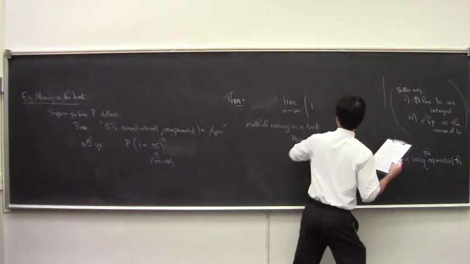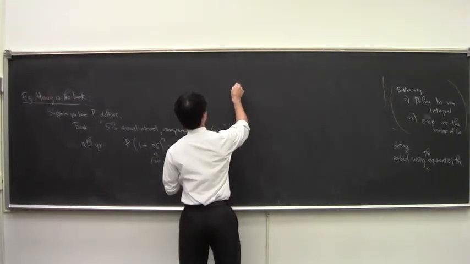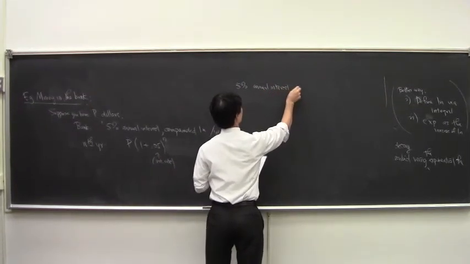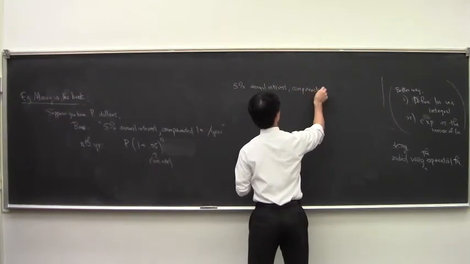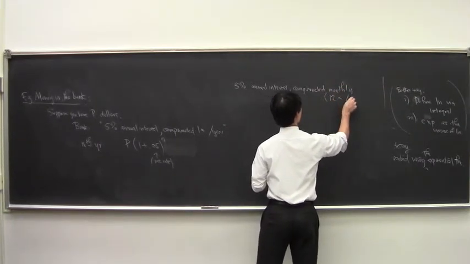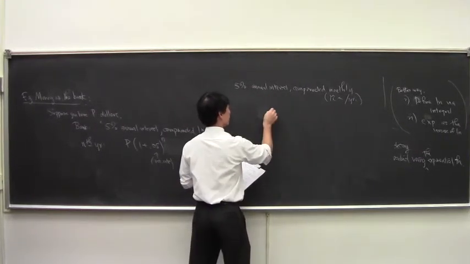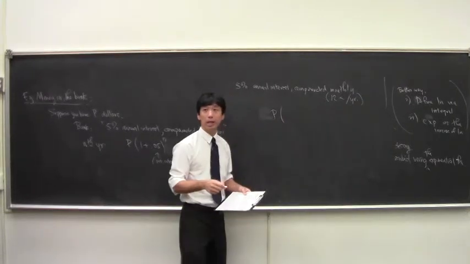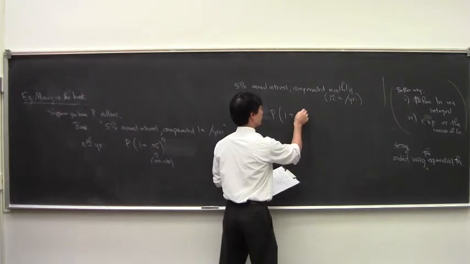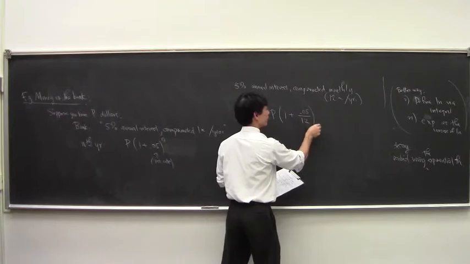There's something else. If they said, again, 5% annual interest, compounded monthly, let's just say 12 times per year, what they mean by that is that after each month, you multiply by 1 plus 0.05 divided by 12.